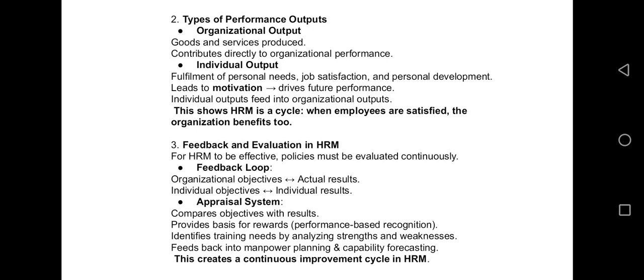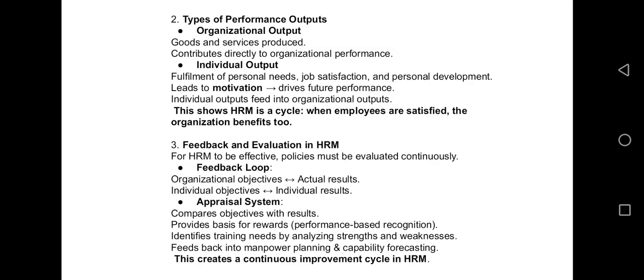3. Feedback and evaluation in HRM. For HRM to be effective, policies must be evaluated continuously. Feedback loop. Organizational objectives lead to actual results. Individual objectives lead to individual results.